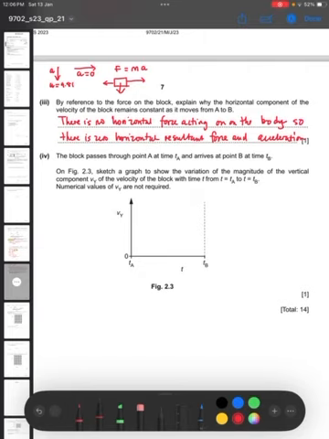So we want a graph of the vertical component of velocity of the block, how it varies with time, from the time when it is at A to the time when it is at B. Now remember that at A it already had the velocity. At B, the velocity has increased. We have more kinetic energy. So the question is, how do we draw such a graph of the vertical component of velocity?